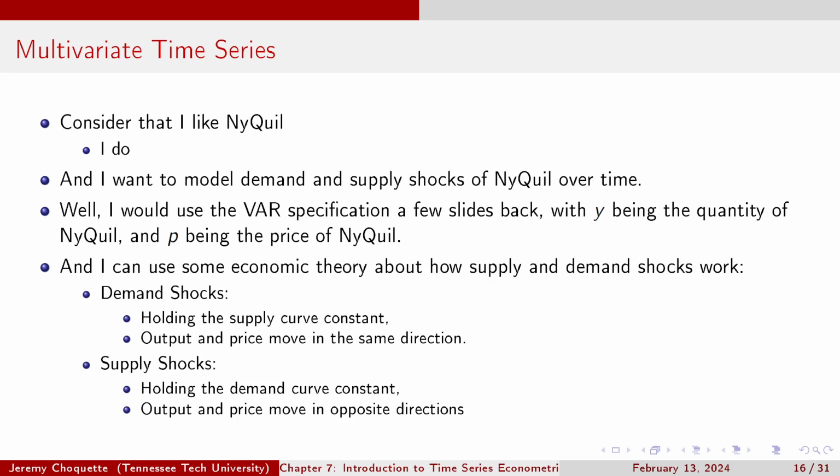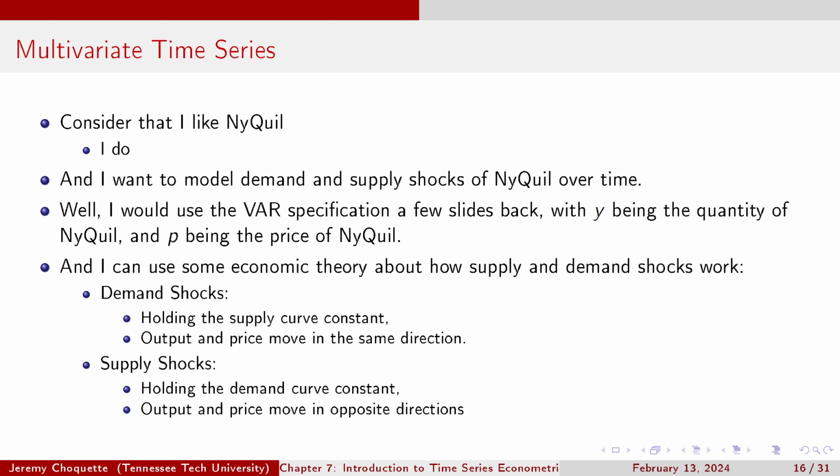For a demand shock, if you hold the supply curve fixed, output and price would be moving in the same direction. If the demand shock goes outward and supply is upward sloping, then the equilibrium output and price would both be increasing.